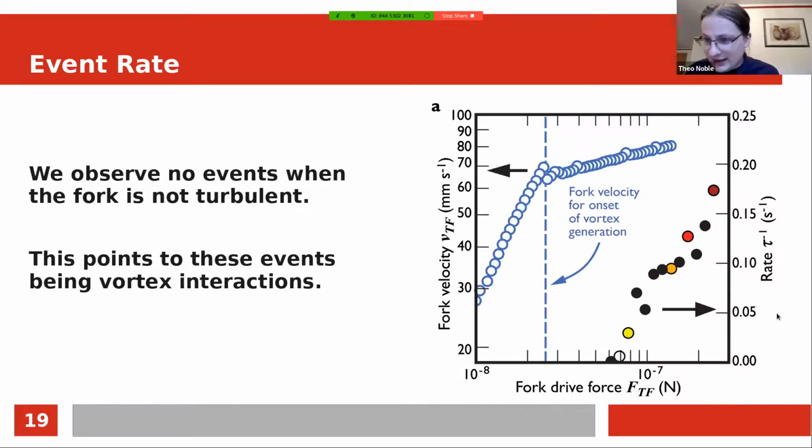And on the right-hand side now, we have the rate of events measured at various fork drives. And you can see as we increase the fork drive, we're increasing the rate of events, which is exactly what you would expect. As you increase the drive, more energy is going into creating quantum turbulence, and more vortex rings are getting released into the bulk fluid and then eventually getting caught by our nanobeam. So it's definitely vorticity.